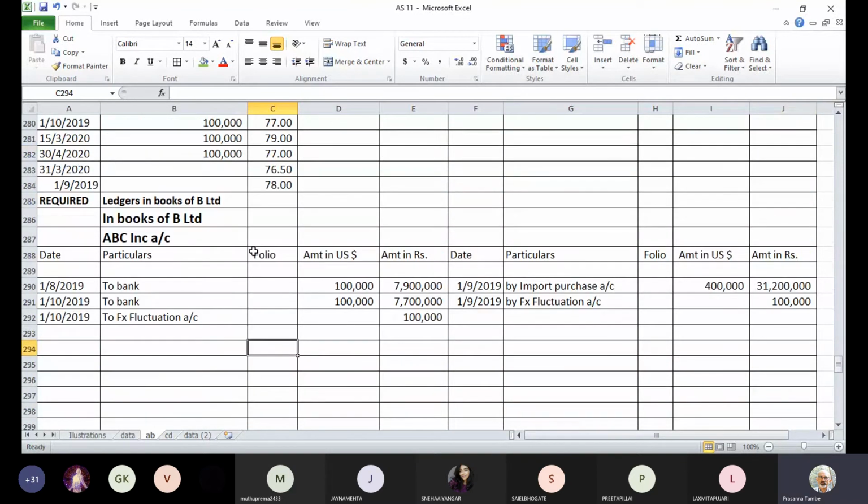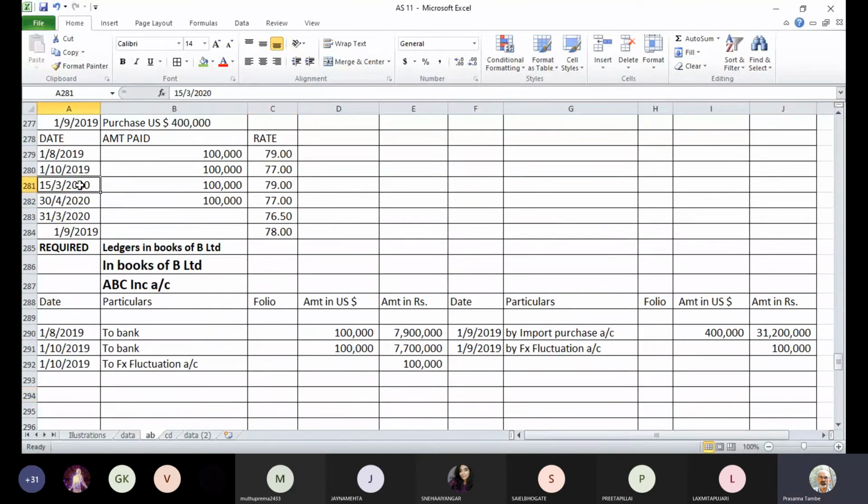Okay. Now the next transaction is on 15th March, sorry, $1 lakh paid at 79. Our original booking is 78, and in March 2020 you are paying at 79. So obviously you will pay more. You will end up with a loss. 1 rupee per dollar will be a loss because your booking rate is 78 and now you are paying at 79 rupees.